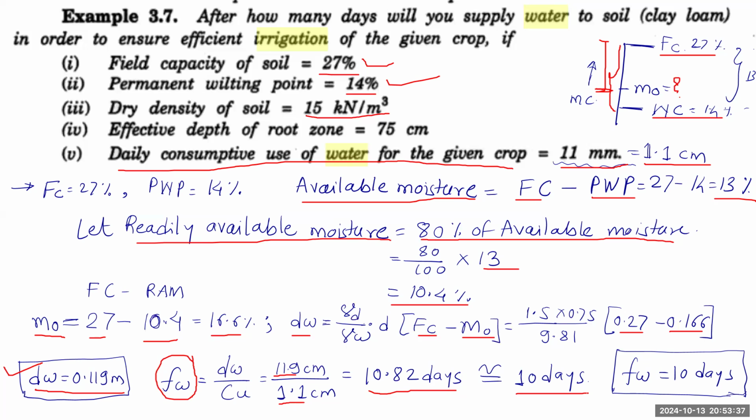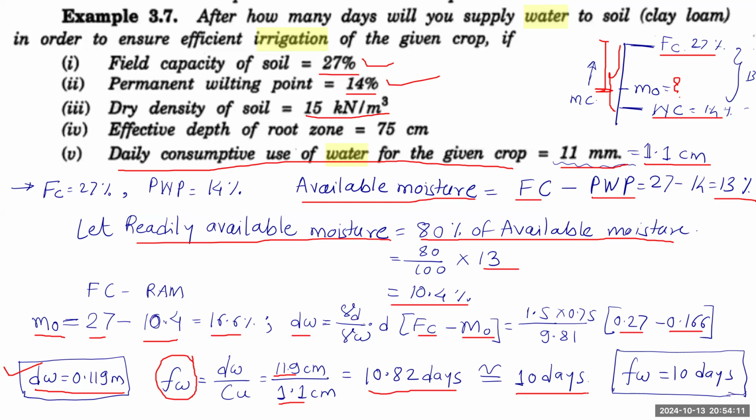Okay. So what is the important point in this problem? That is readily available moisture. Readily available moisture is taken as 75 to 80% of available moisture. You can assume any value, or the value may be mentioned in the problem. If we subtract this from the field capacity, we come to know the lower limit of readily available moisture, which is denoted by M0.